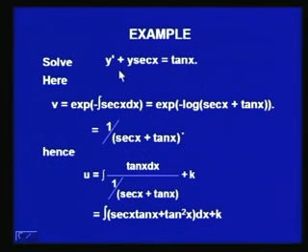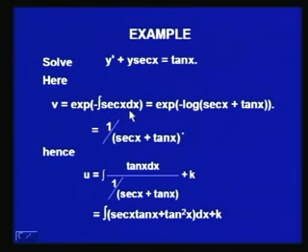Okay, so let us consider the differential equation y' + y sec x = tan x. So, here p(x) is equal to sec x and q(x) is equal to tan x, and therefore a particular solution of the homogeneous part y' + y sec x = 0, that is v, is equal to e^(-∫sec x dx).